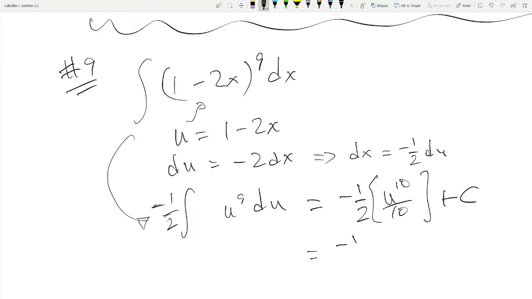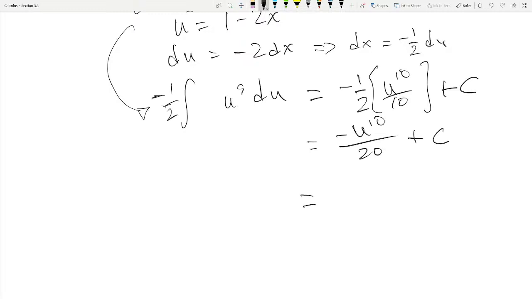Do a little housekeeping. I have u to the 10th over 20, and then we'll put things back the way we found them. That would be negative (1 minus 2x) to the 10th over 20 plus a constant.